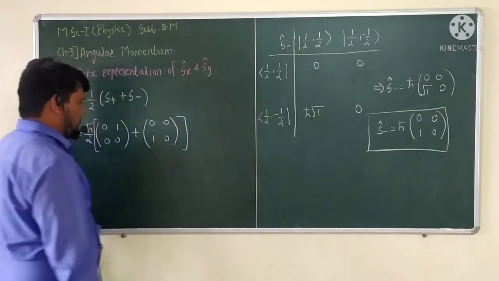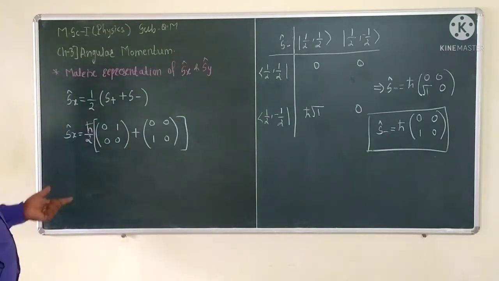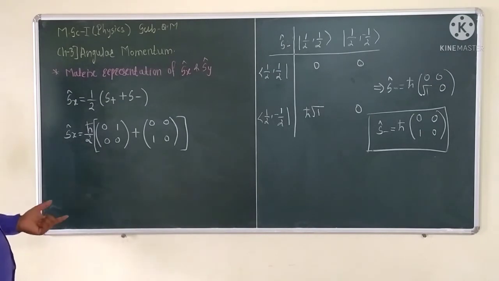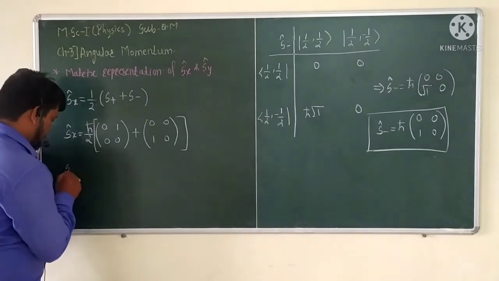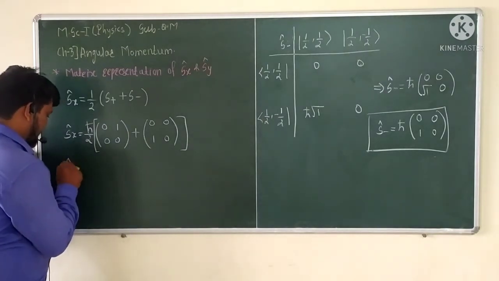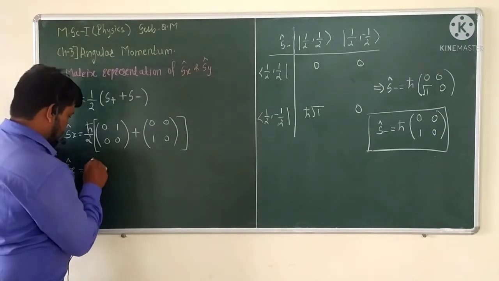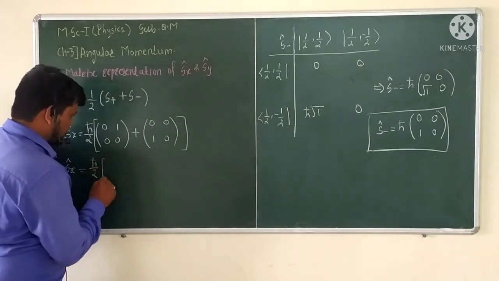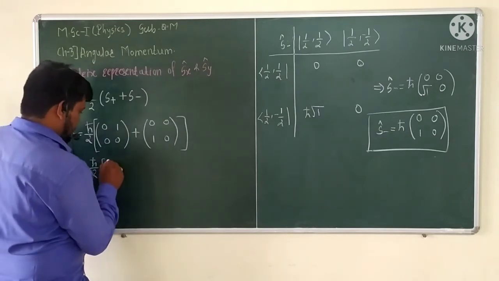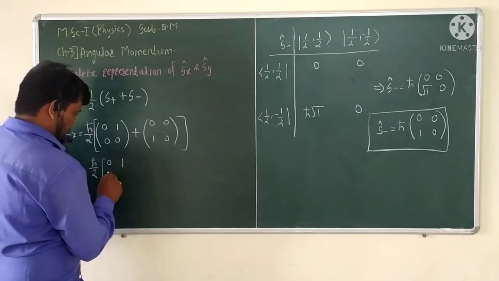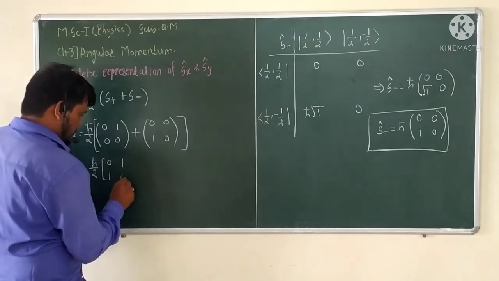Okay, if we do the addition of the S plus operator and S minus operator matrix representations, this value will be obtained here, which is Sx, equal to h cross by 2. 0 plus 0 is 0, 1 plus 0 is 1, 0 plus 1 is 1, and 0 plus 0 is 0.